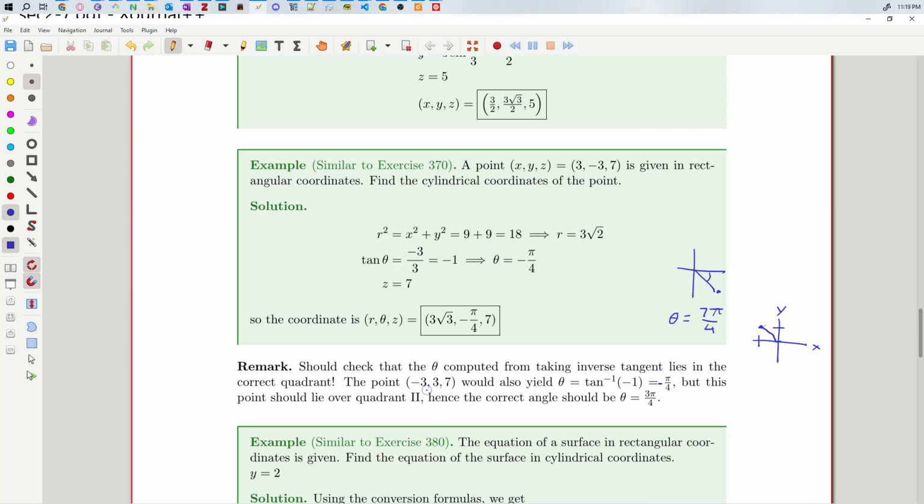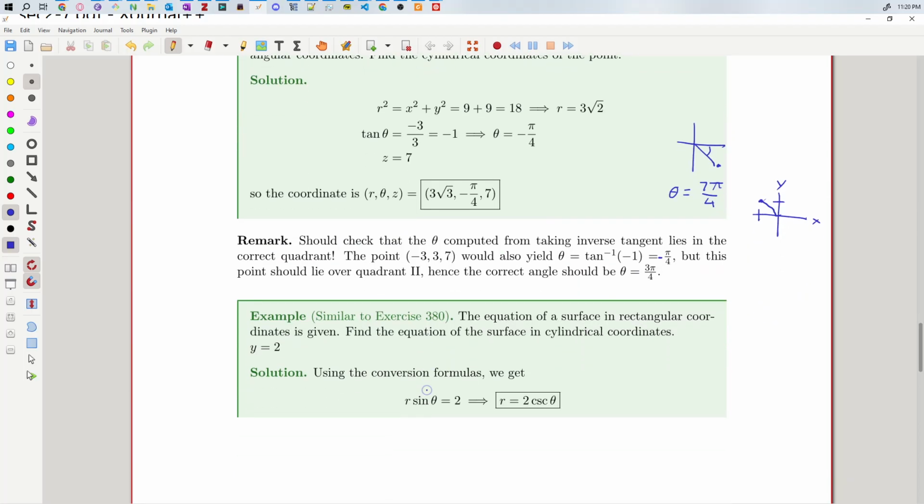But as you can see, that angle is not minus pi over 4 by any means. So instead, you need to correct for which quadrant this is supposed to be living in. This is a 45-degree angle in some quadrant, and using your geometric intuition, you would know this is supposed to be in the second quadrant. So it'll be 3 pi over 4.